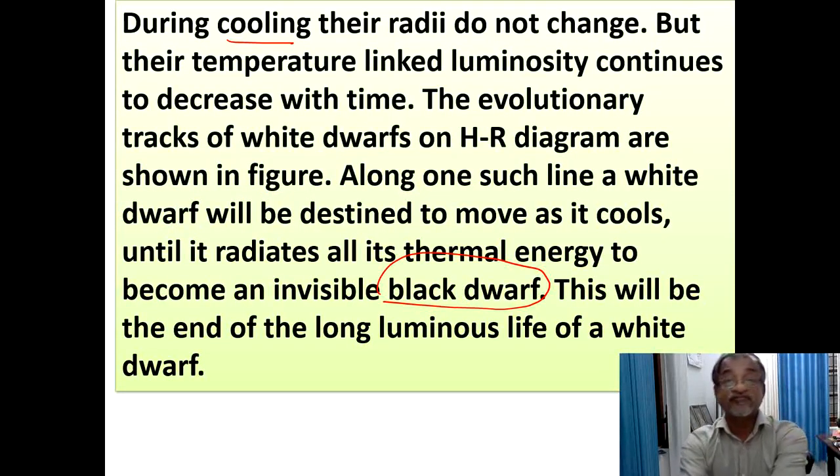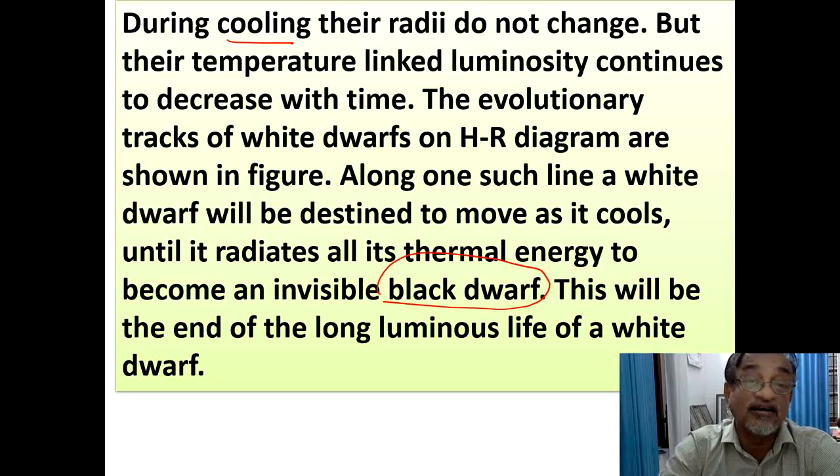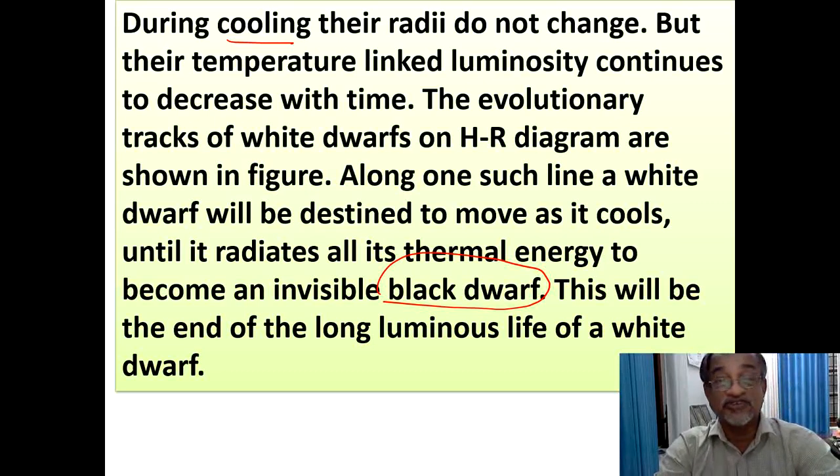During cooling, their radii do not change, but their luminosity continues to decrease with time. After a certain stage, cooling takes place, and at the cooling stage the temperature almost remains constant and its luminosity continues to decrease with time. And at last, it will fade away from the view of our observatories.